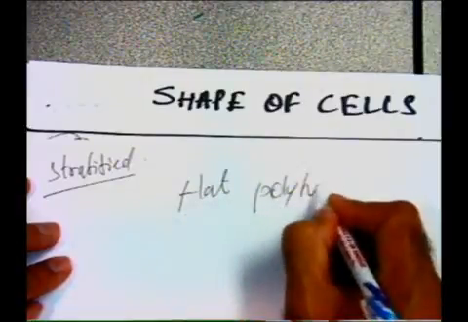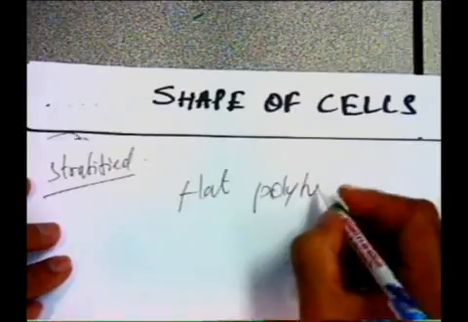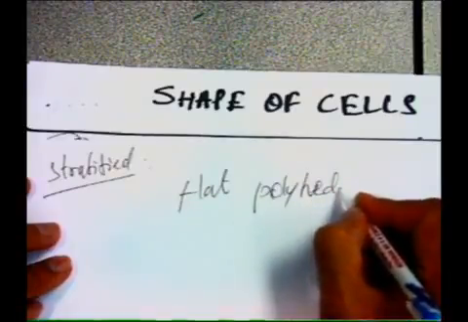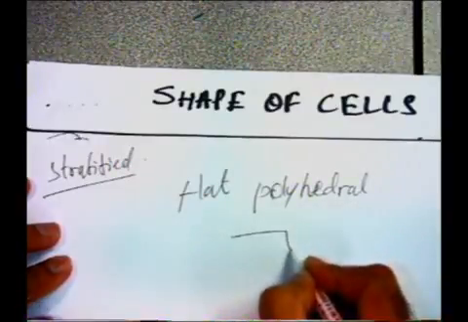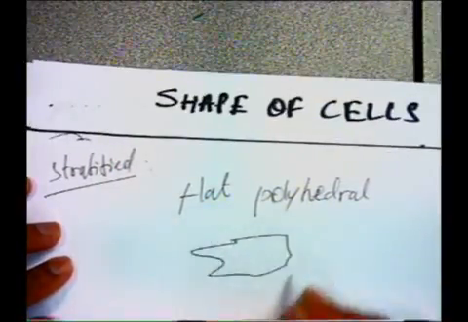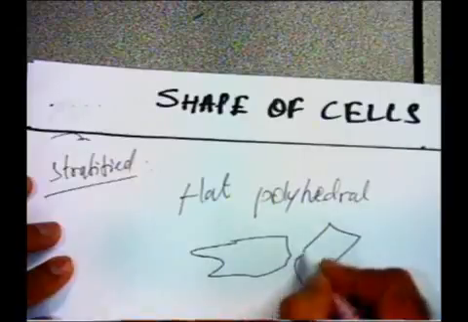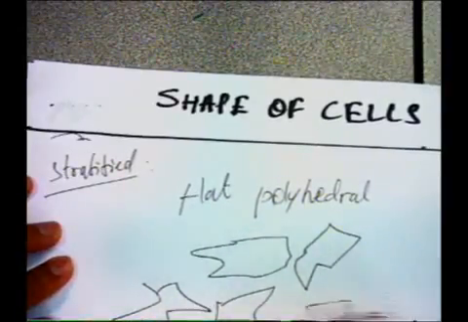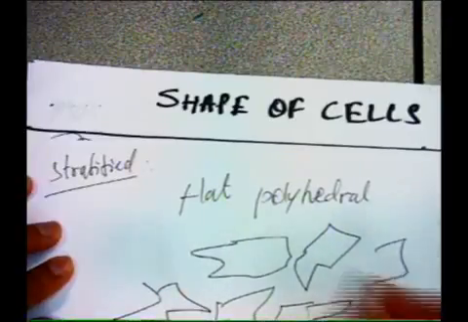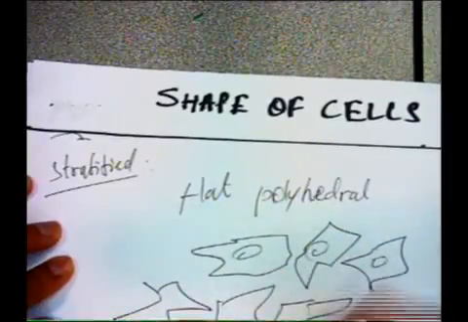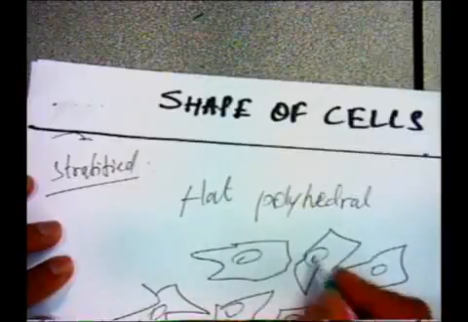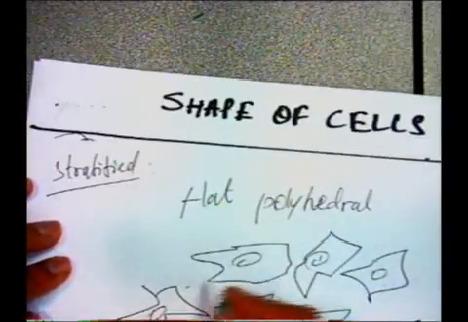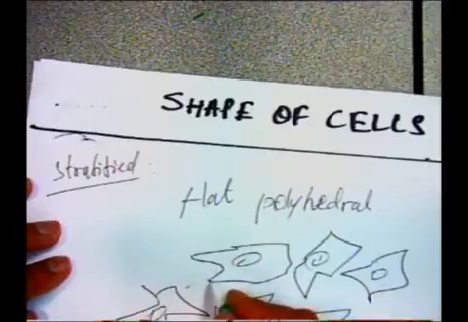What is polyhedral? Like the cell shape, like this. You have different shapes of those cells. Non-keratinized cells look like this, with this nucleus. You see that one here? These cells are attached to each other with junctions and everything. We will see that later.